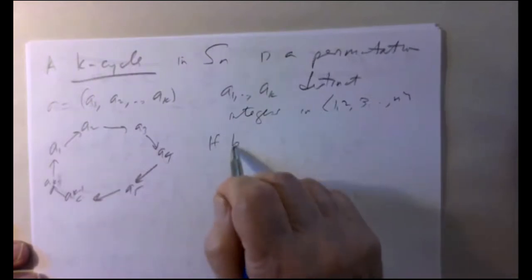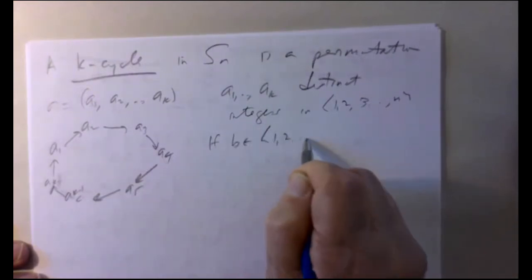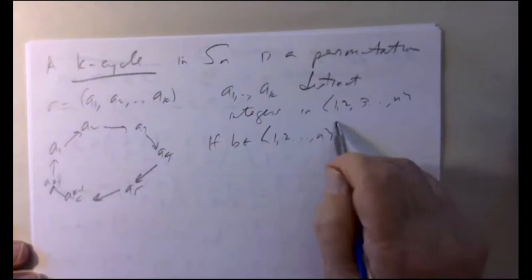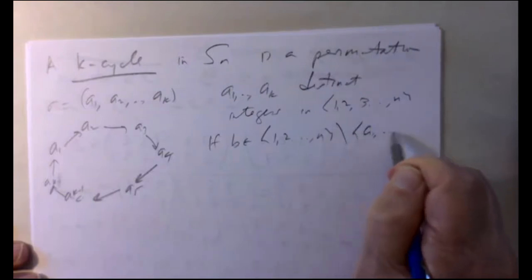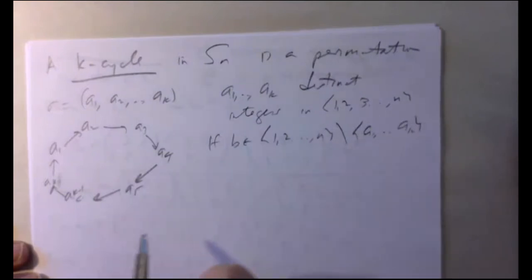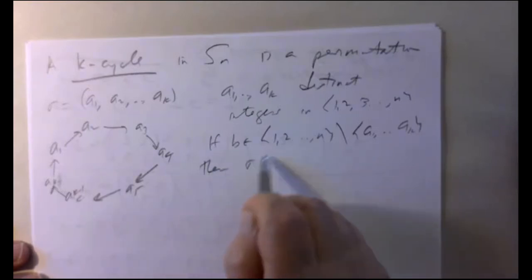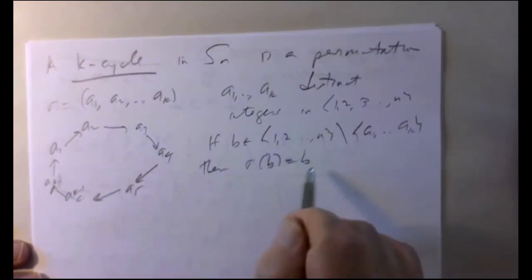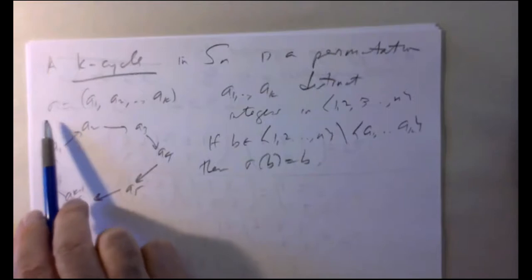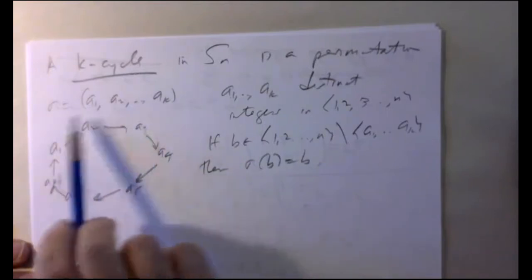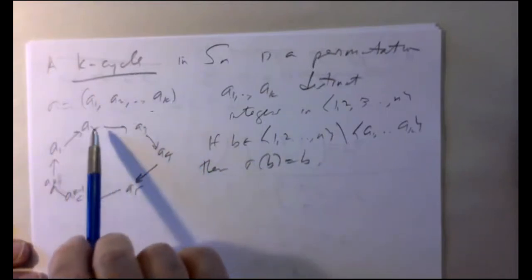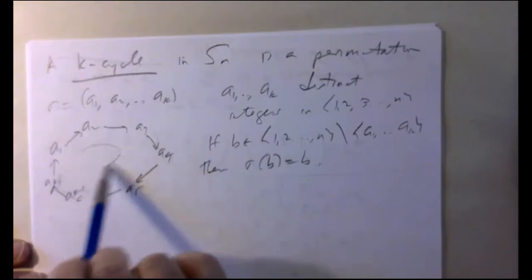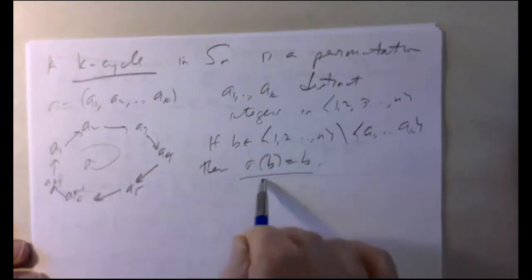And if b is any element of the set of integers from 1 to n, and it's not one of these k elements, then sigma of b is equal to b. So this permutation moves these k elements from one to the next in this cycle, and everything else is fixed.